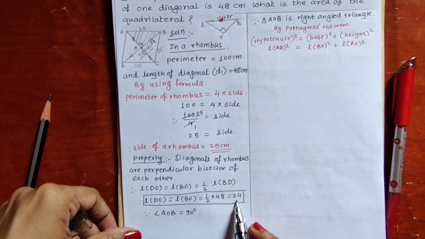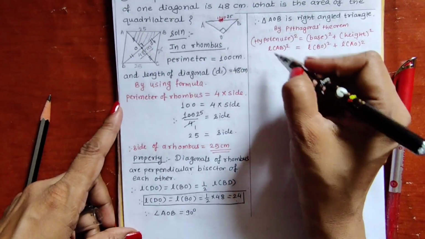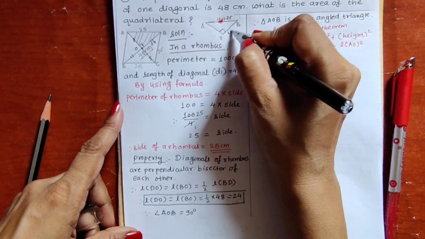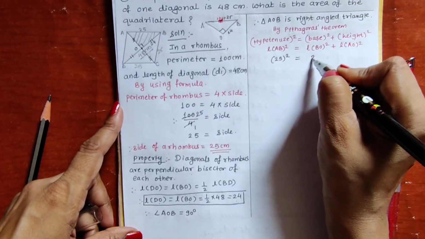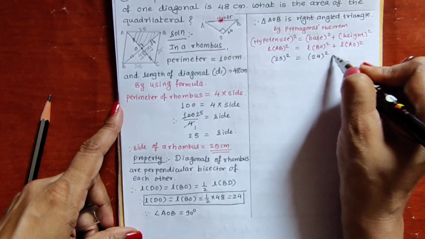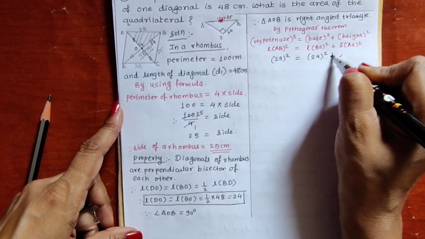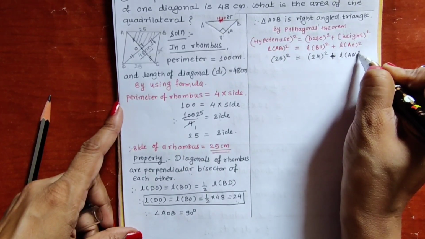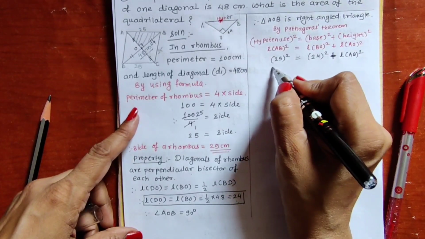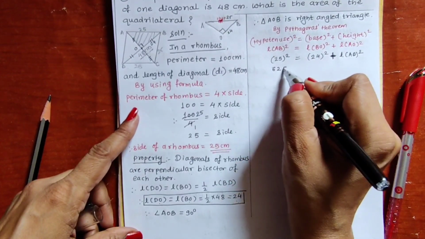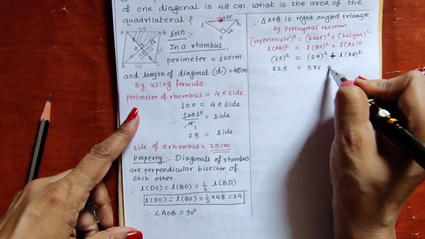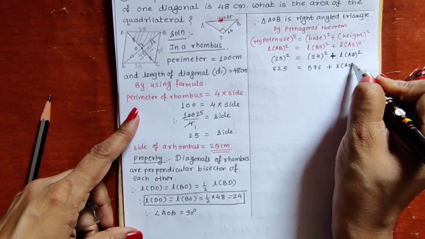So BO we have got 24 here. So AB is 25 square, is equal to BO is 24 square, plus length AO square. So 25 square is, we all know, 625. 24 square is 576 plus length AO square.